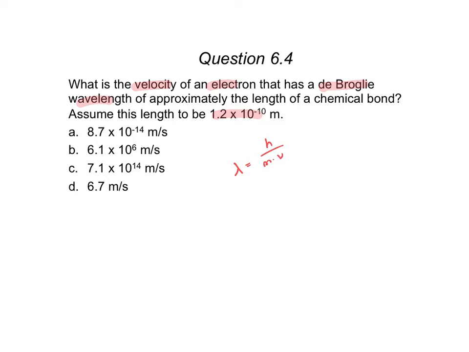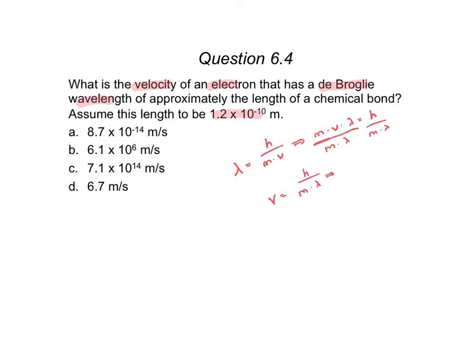And I would solve for velocity here, because that's what we're looking for. To do that, I would multiply both sides by mass times velocity. That would give me mass times velocity times wavelength is equal to h. And then I would divide both sides by mass times wavelength. That would give me velocity is equal to h over m times wavelength.